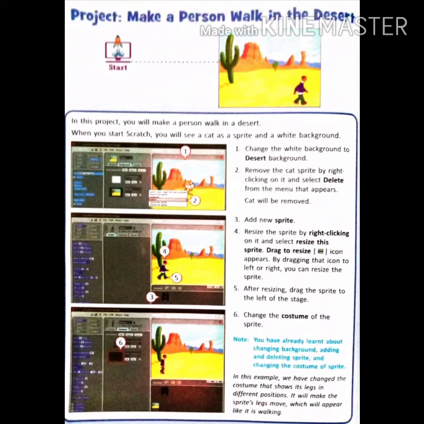Note, you have already learnt about changing background, adding and deleting sprite, and changing the costume of sprite. In this example, we have changed the costume that shows its legs in different positions. It will make the sprite's legs move, which will appear like it is walking.